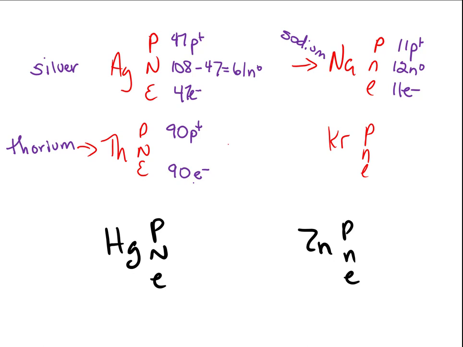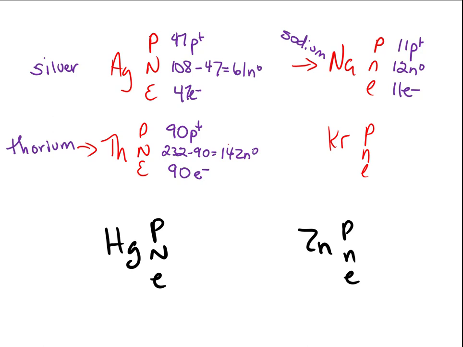How do I figure out neutrons? Subtract what? 232 minus 90. So that means it has 142 neutrons. That's a lot. That's a whole lot when you look at these smaller ones like hydrogen and carbon that only have 6 of each. All right? Same thing with the next one.